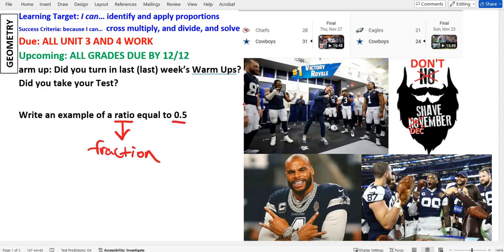What fraction is equal to 0.5? What do you think? 1 over 2 is a good example of a fraction that equals 0.5. Now, what's another fraction equal to 0.5? 2 over 4. 5 over 10.